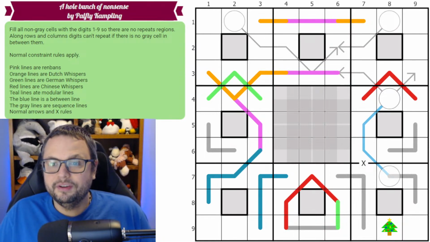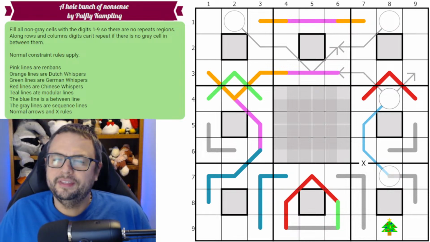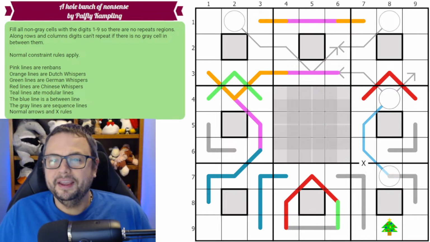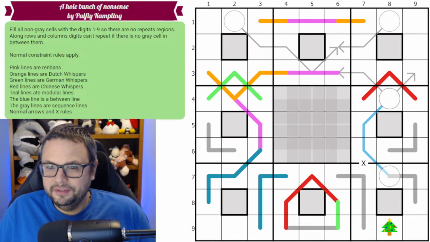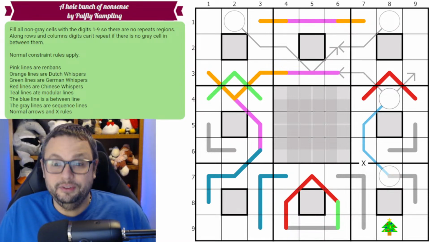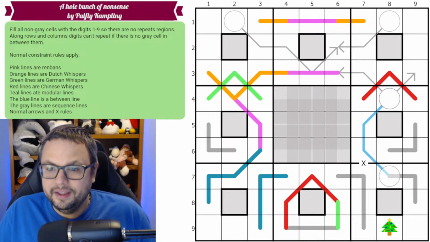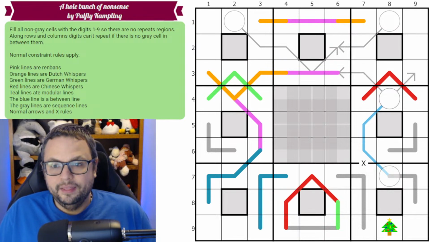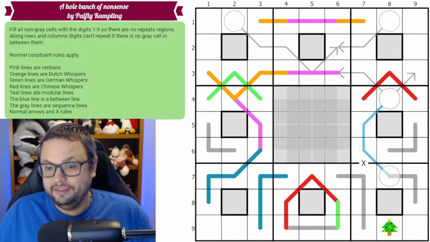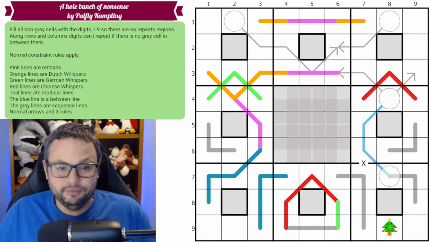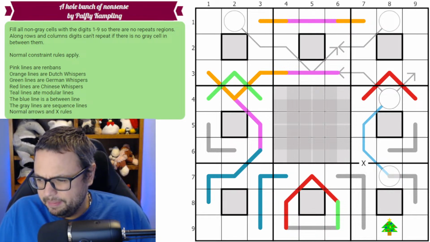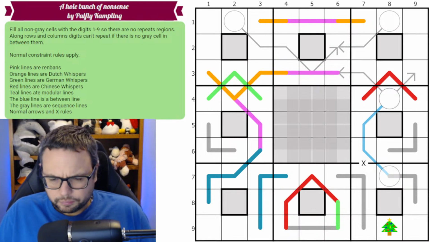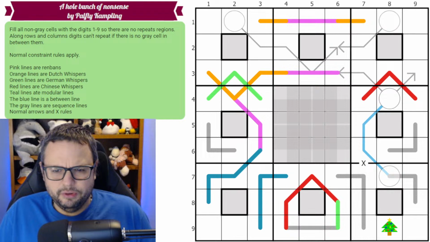So pink lines are Renbans. Orange lines are Dutch whispers. Thank you, Paul Fly, for bringing that back. Green lines are German whispers. Red lines are Chinese whispers. Teal lines are modular lines. The blue line is a between line. The gray lines are sequence lines, and normal arrows and X rules. So sequence lines means they form an arithmetic progression? Or does it mean it's a Renban, but it goes in order?